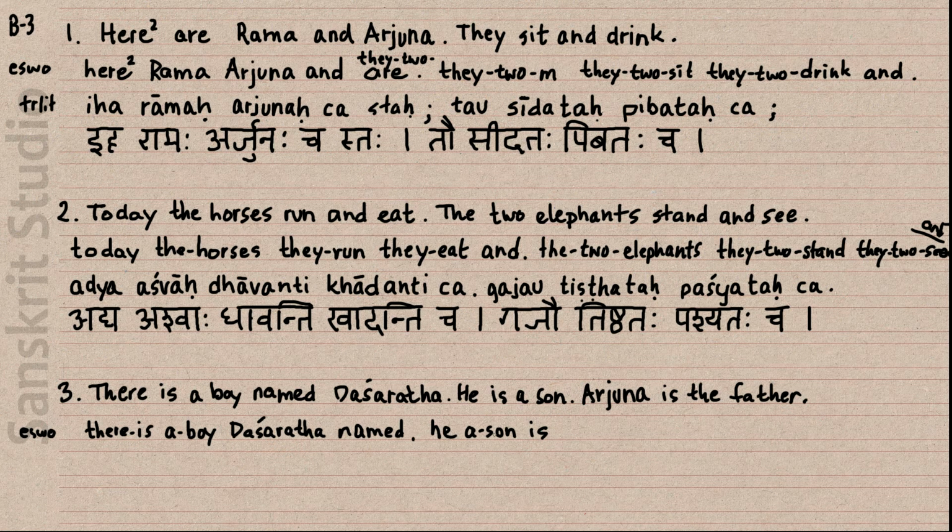So we put the verb last, and Arjuna is the father. And we can do Arjuna, the father is. So it's the same system here as in the previous.